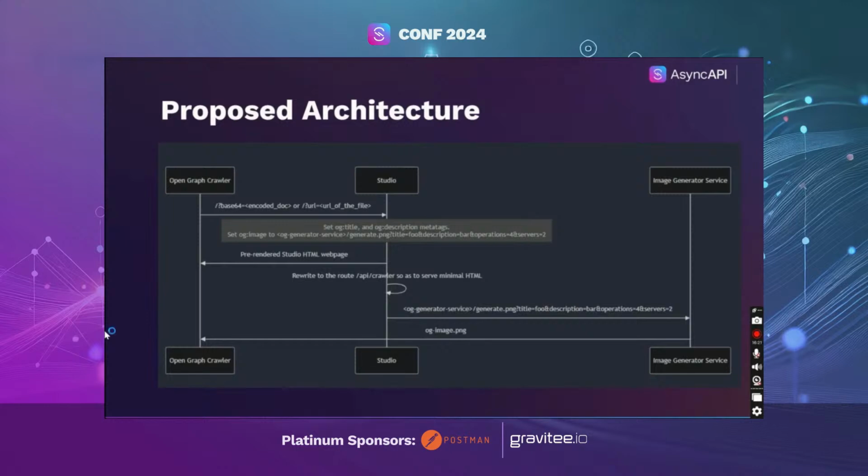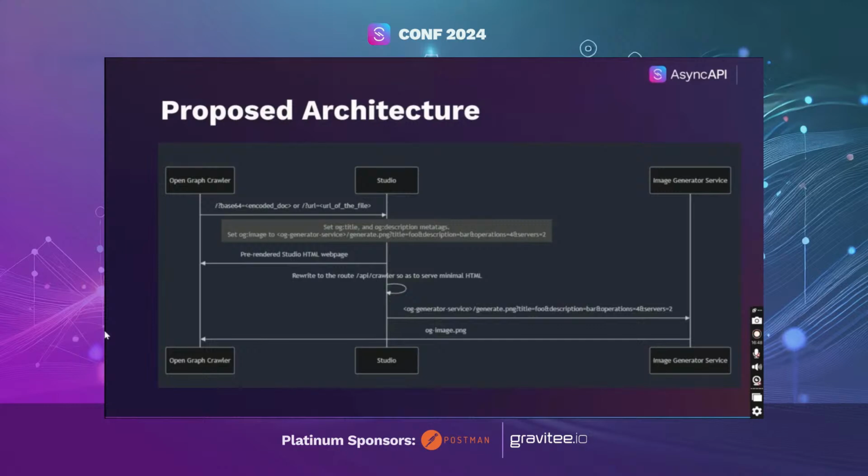It's going to show stuff like the number of servers that are present, the Async API version that the document encoded in the URL has, or the number of messages that are there in the Async API file which is being shared. Stuff like this also has to be parsed, found out, and then put in an image, and that also has to be sent back.